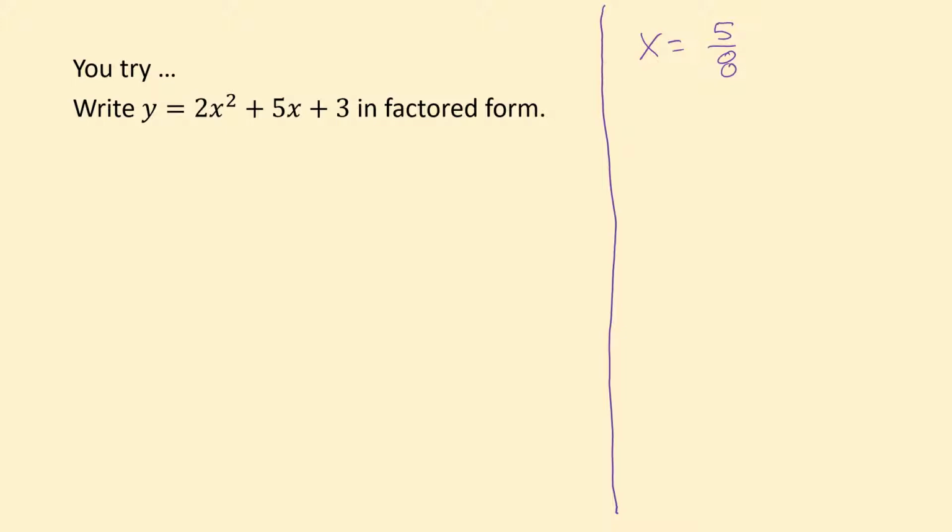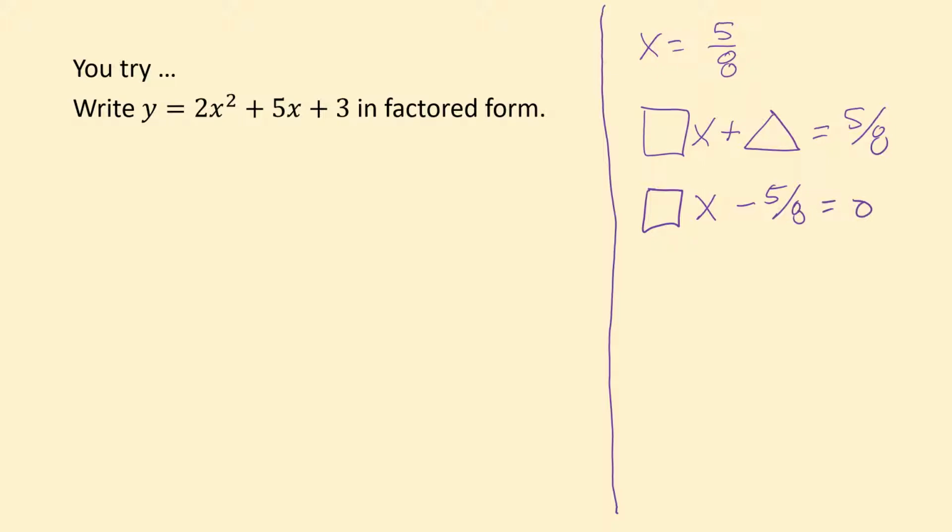So we've got some value times x plus another value, and that's going to equal our zero of 5/8. But we want to make that equation equal 0, so we're going to subtract 5/8 from both sides. When I do that, I get some value times x minus 5/8 equals 0.